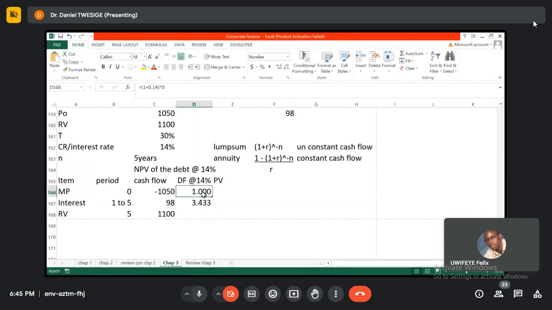So can I copy this? You need to accept copying the formula. It is not hard. I'm just using this upper formula now. Here I've used the annuity, here I've used the upper formula, 1 plus 0.14 power minus 5.